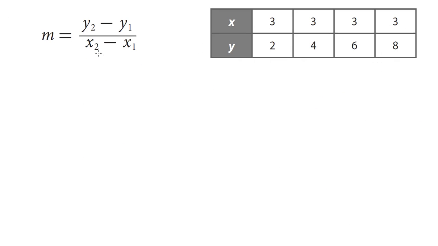So with slope formula, you don't need the coordinate plane and you don't even need to see the graph of the line. All you need are any 2 points from that line. So you see here we have this table and we have 4 points. So I'm just going to pick the first 2 points. So I'm going to pick 3, 2 and 3, 4, and then I'm going to go ahead and label them. I'm going to label one of them x1, y1, and I'm going to label the other point x2, y2.